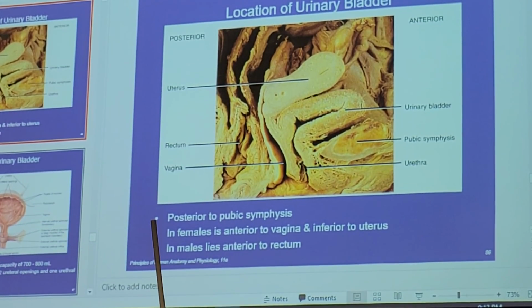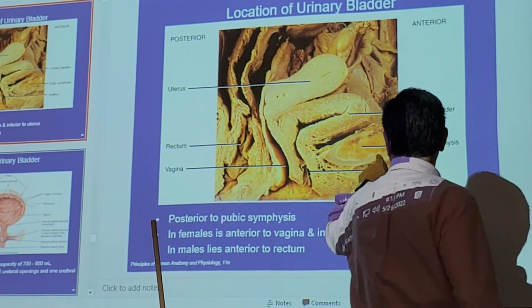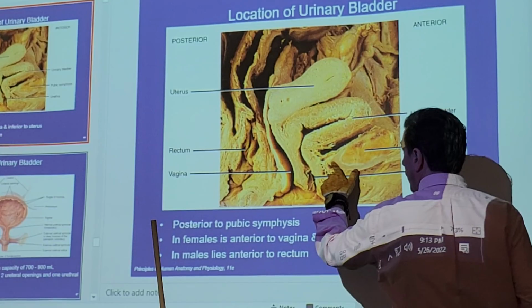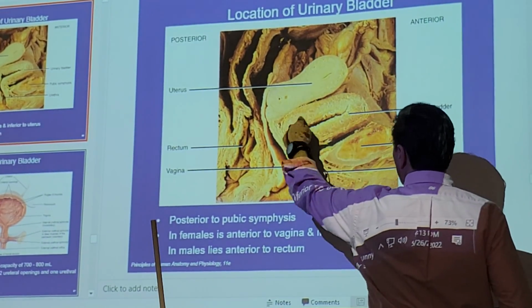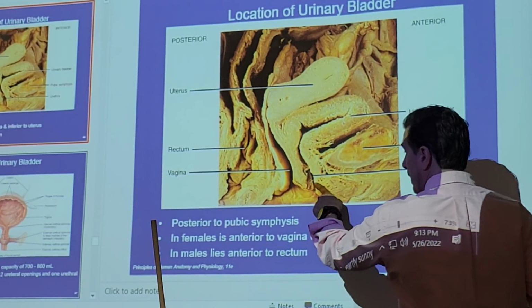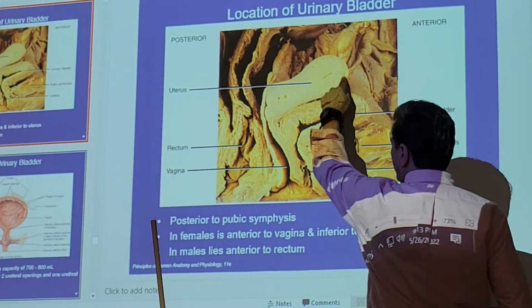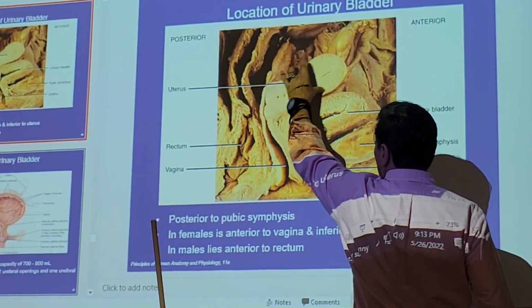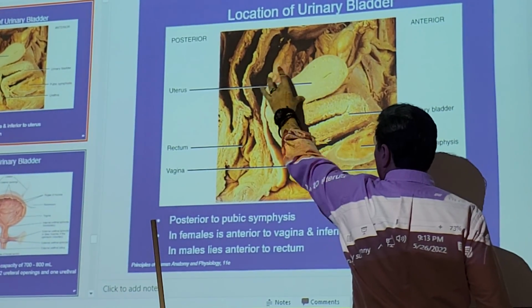You see it back there? Okay. So you have the pubic symphysis right here. Here is the urinary bladder with the urethra. This is a female, like I said. Posterior to that and above it is the uterus. There's the uterus right there.